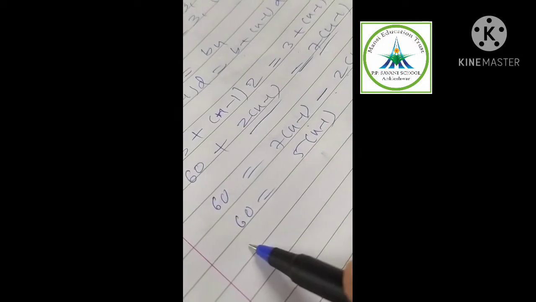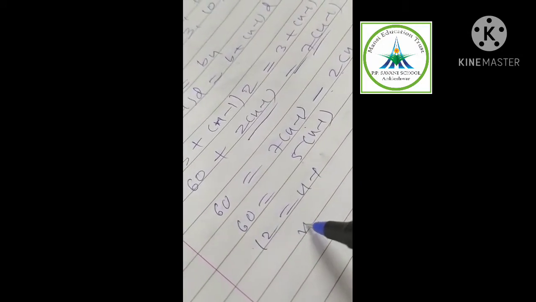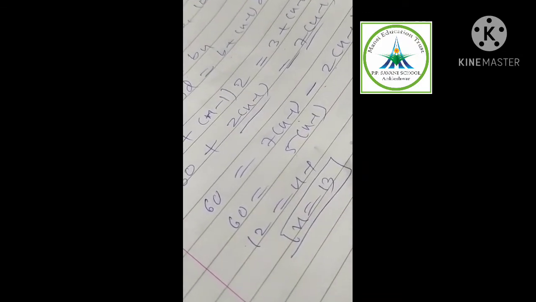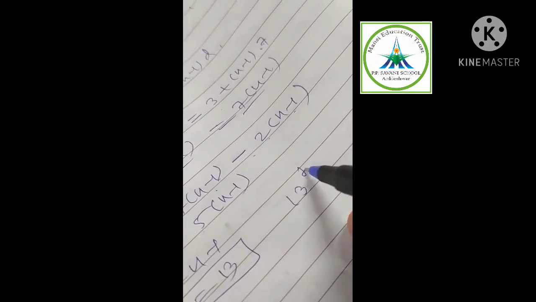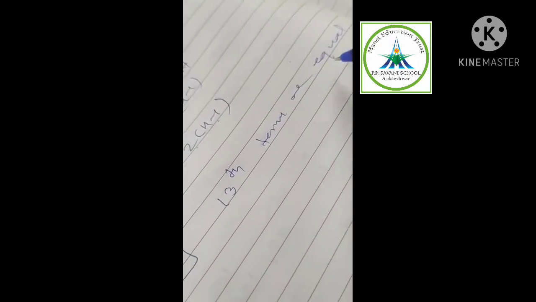Now by cross multiplication we get 12 equals n minus 1, so n equals 13. So the 13th terms are the same in both APs. The 13th terms are equal. Got it?